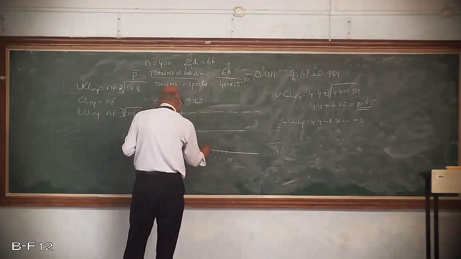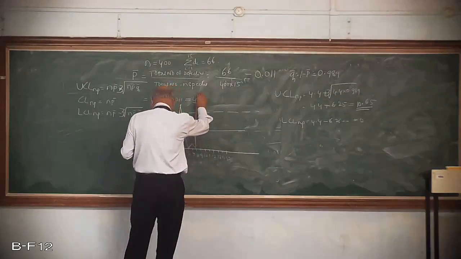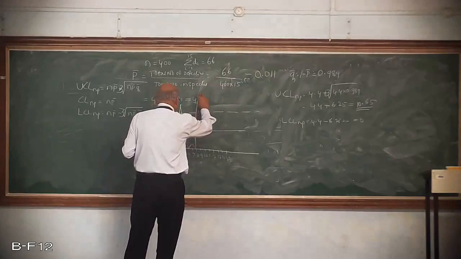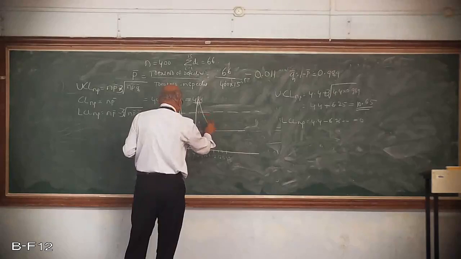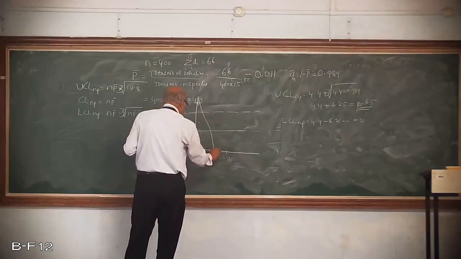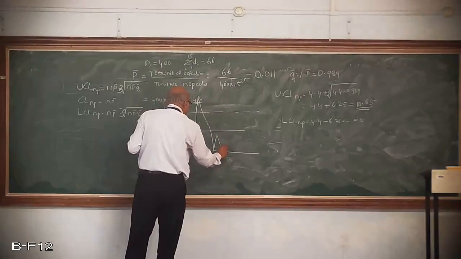Ninth one is 18. Tenth one is 8. 11th one is 6. 12th one is 0. 13th one is 3. 14th one is 0. And 15th one is 6.